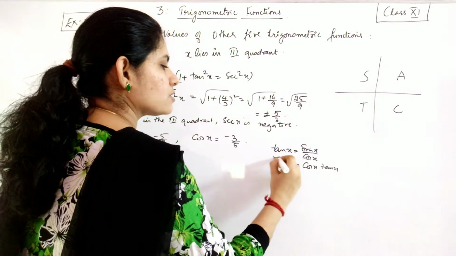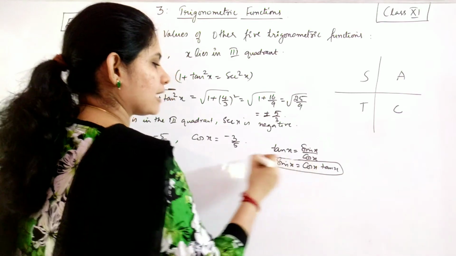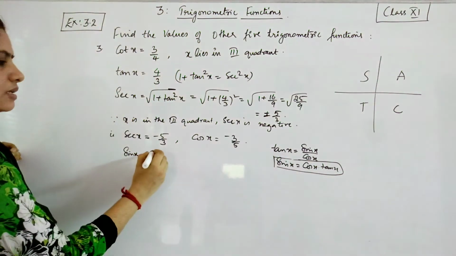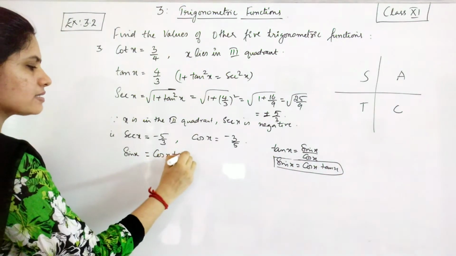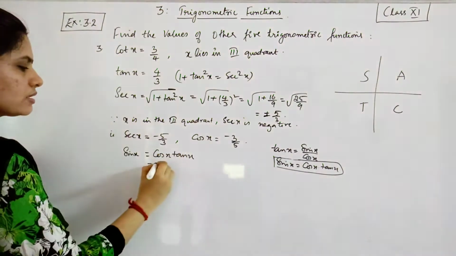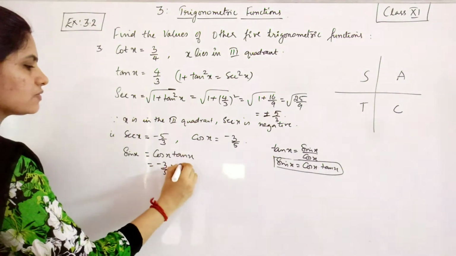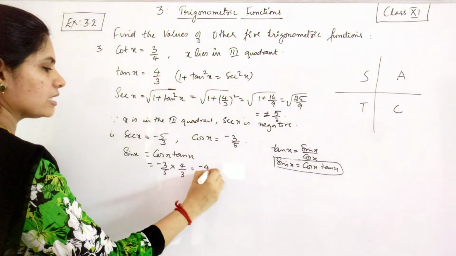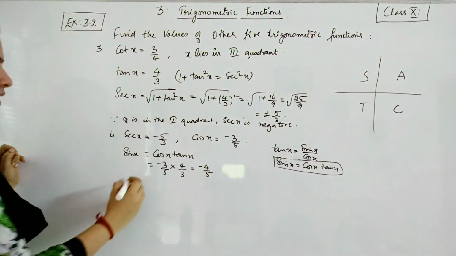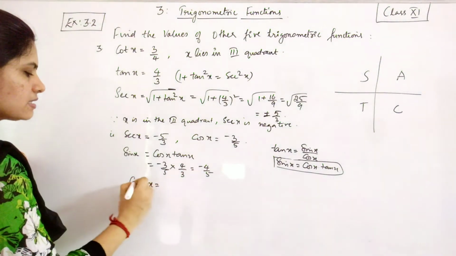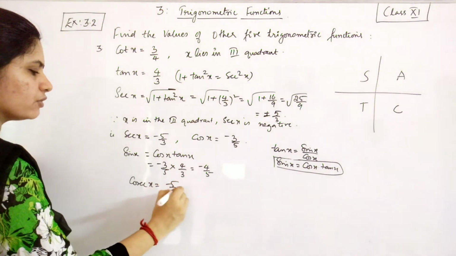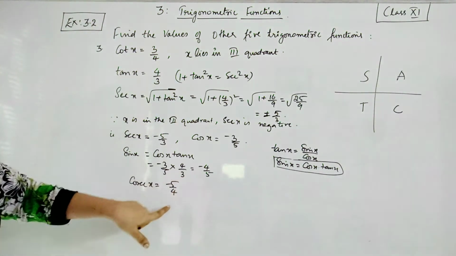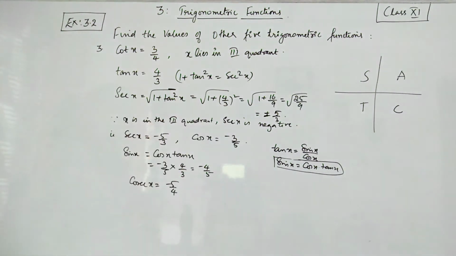So sin x is equal to cos x tan x. What is cos x? Minus 3 by 5. What is tan x? 4 by 3. So you will get minus 4 by 5 as sin x, and therefore your cosec x is minus 5 by 4. You can see they are negative in the third quadrant. So all the 5 values you got.